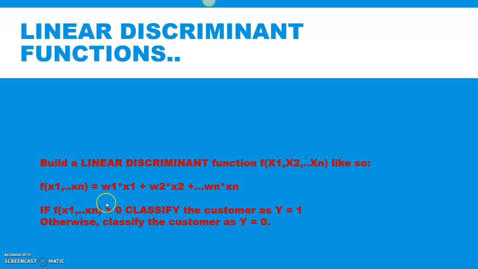And your classification rule could be, if this composite function is, let's say, bigger than 0, you may choose some other cutoff, but let's say it's bigger than 0, you classify the customer as y equal to 1. Otherwise, you classify the customer as y equal to 0.